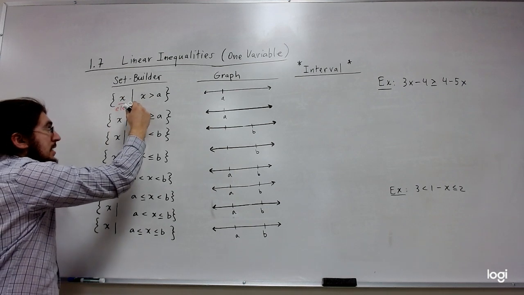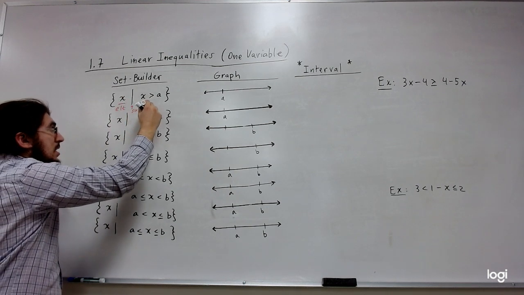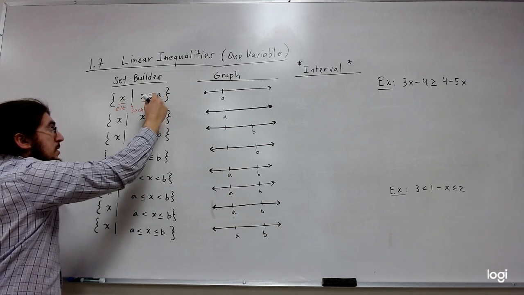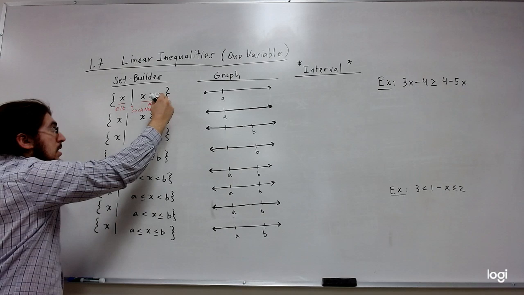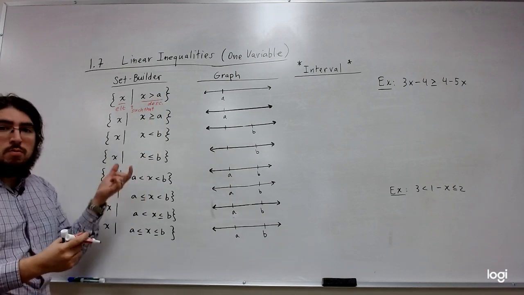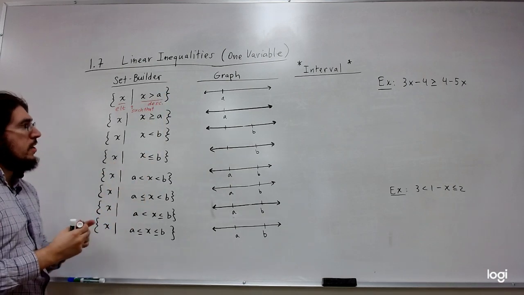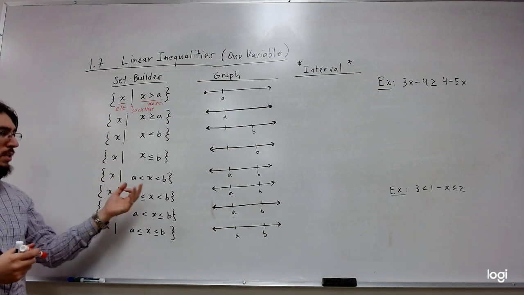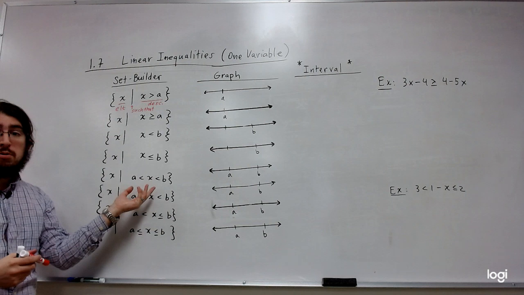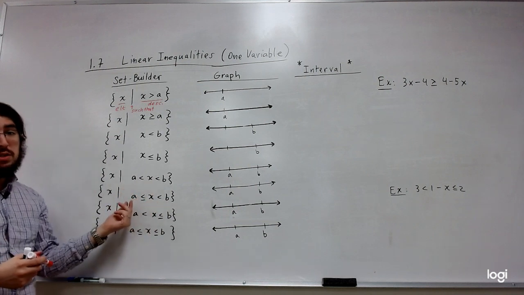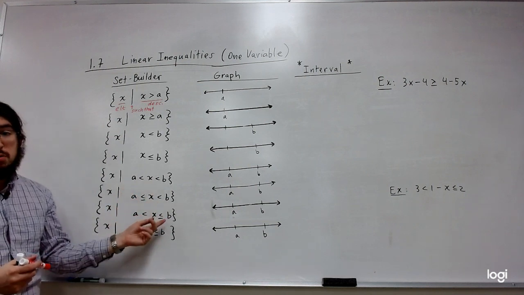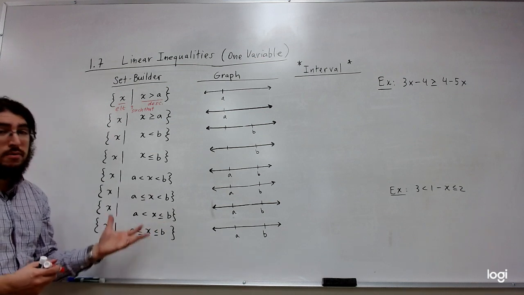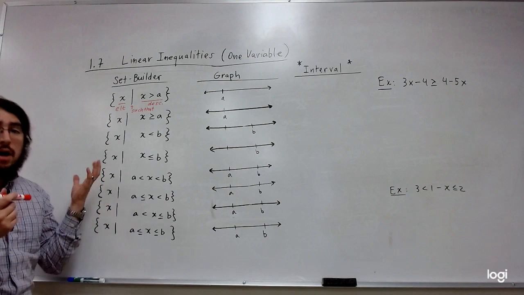The bar is "such that," and then to the right of the bar is the description of where the element lives, basically. So here it's bigger than a number, bigger than or equal to a number, less than a number, less than or equal to a number, in between two numbers, not equal to either of them, in between two equal to the smaller one, in between two equal to the bigger one, and in between two possibly equal to either of them.